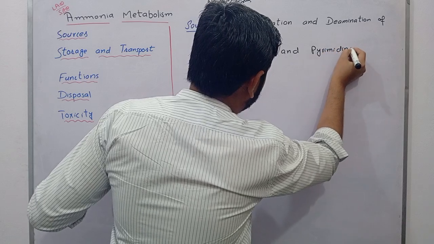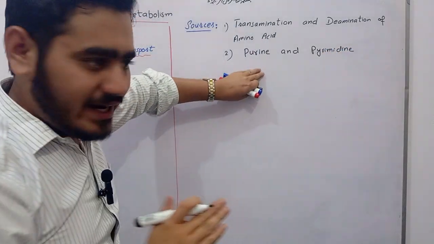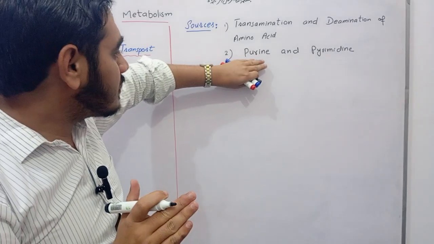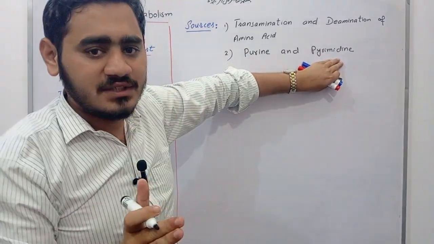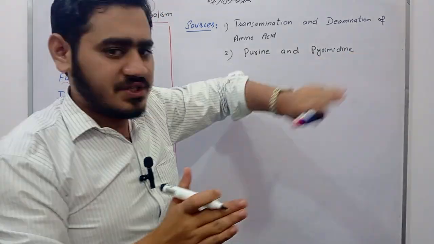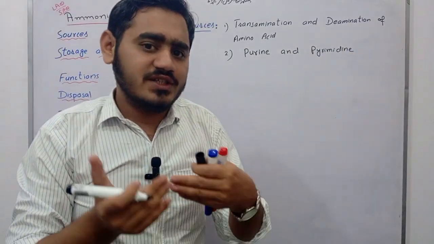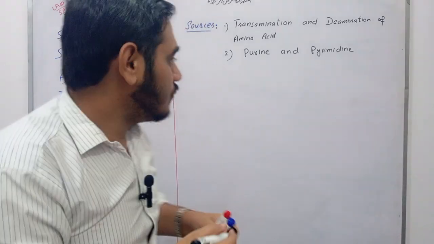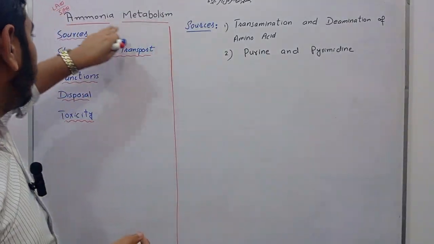The adenine and guanine are called purine, while thymine, cytosine, and uracil are called pyrimidine. They are very important in the synthesis of nucleotide, and they are also the sources of ammonia.